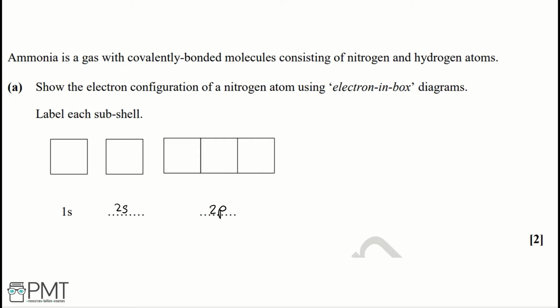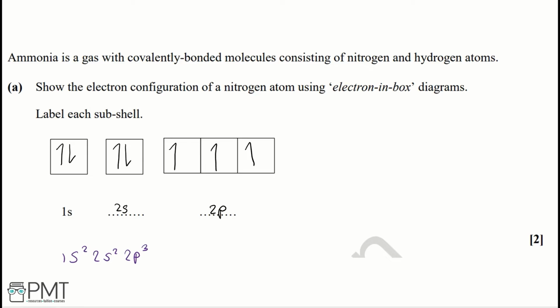And it's going to have the electron configuration of 1s2, 2s2, 2p3. So filling our orbitals will have 2 electrons with opposite spin, that's the 2 half arrows going in opposite directions, and that's because electrons repel each other, so they're not going to go in the same direction, they're going to go in opposite directions. Our 2s2, and then we're going to have our 2p3.